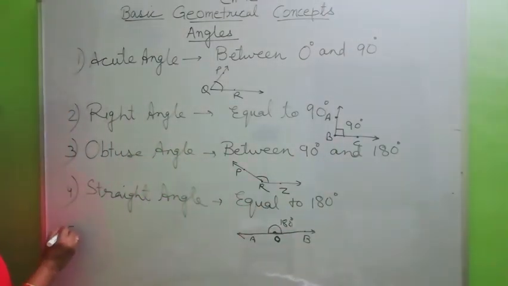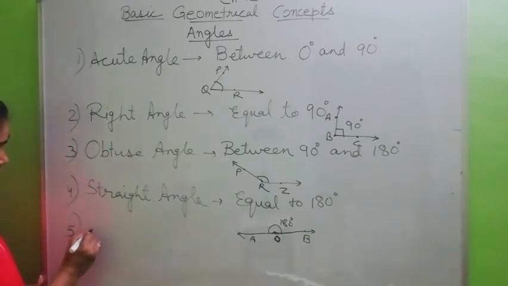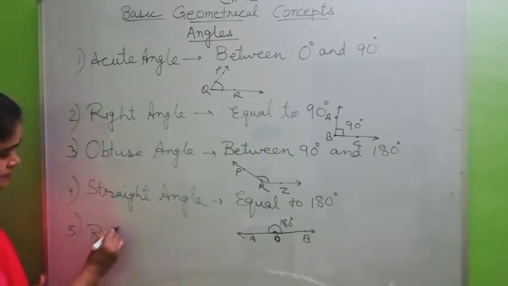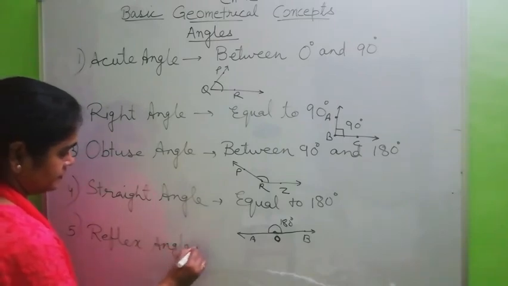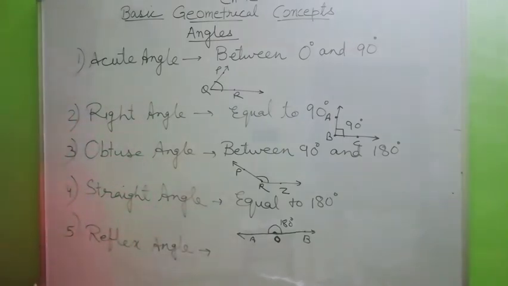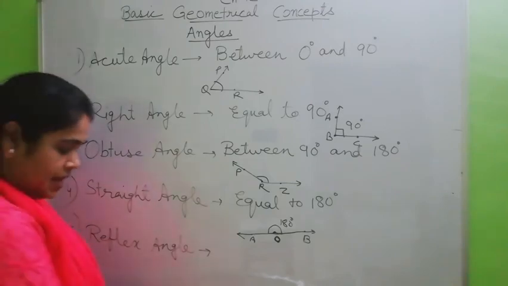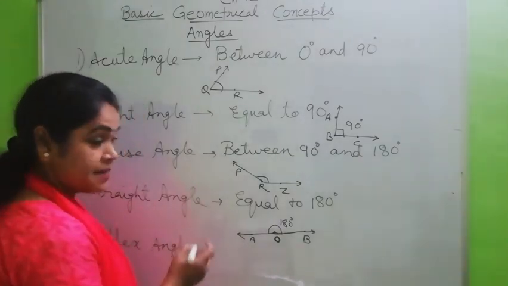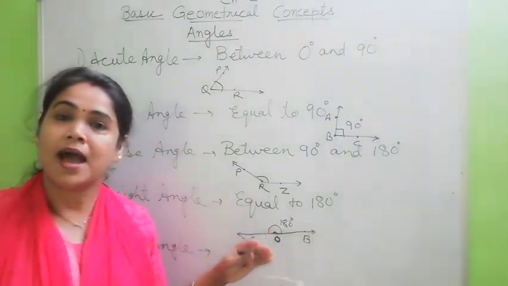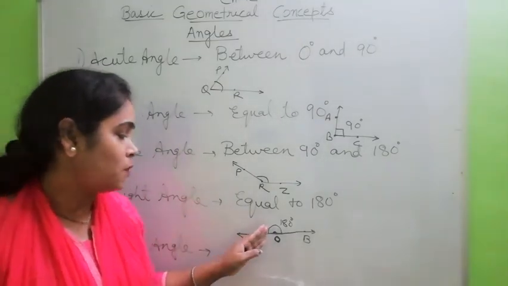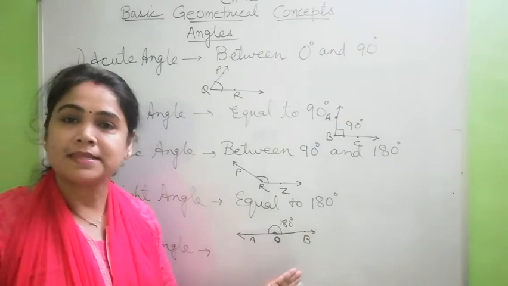Next is reflex angle. In reflex angle, we will see that the angle lies between 180 and 360. Means more than 180 and less than 360.